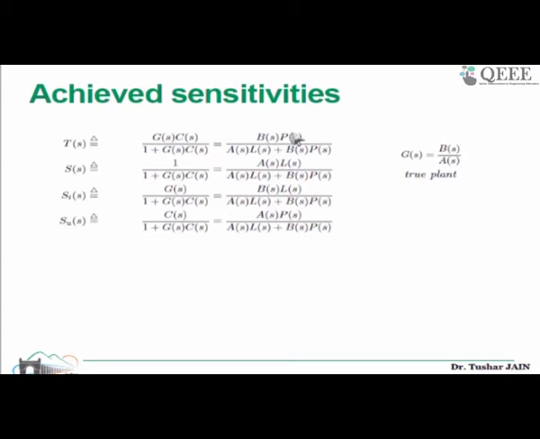So if we have a plant G which is different from this G, then all the sensitivities will change, and your stability will be affected as well, though you derived the stability condition for a nominal system. In general, G of s is not equal to G naught, so these sensitivities will not be equal to the nominal sensitivity functions.